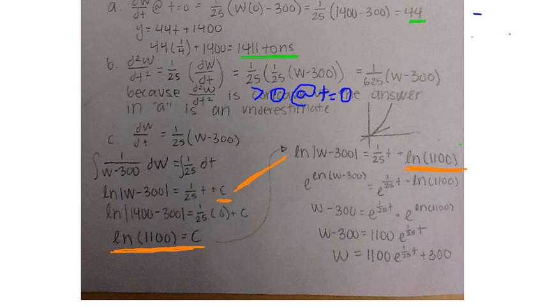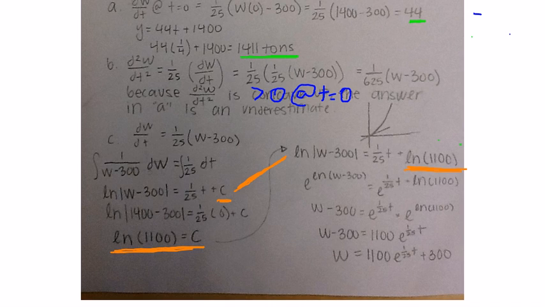And then all you do is simplify. Whenever I see ln of something, I know that I'm probably going to have to do e to the power, because that cancels out the ln. So then simplifying, you get W equals 1,100 e to the 1/25 t plus 300.